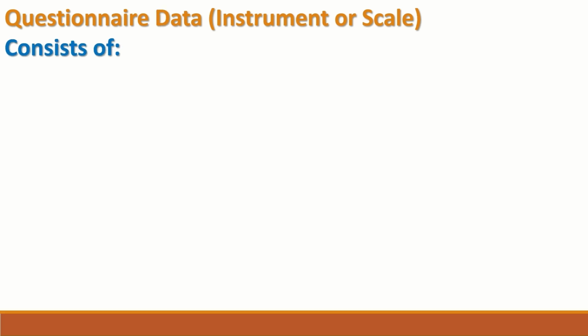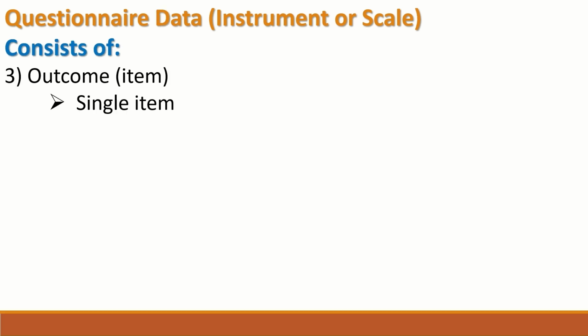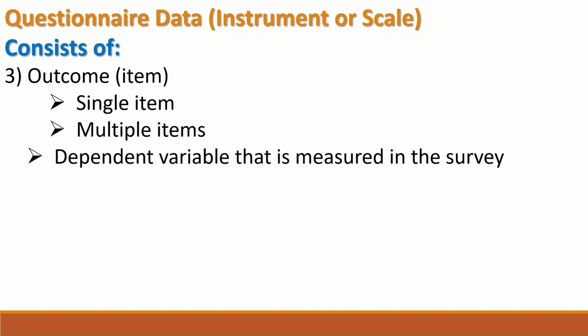From those items a third section or part can be obtained, which is the outcome, which again could be a single item or multiple items. So the outcome is the dependent variable that is measured in the survey.